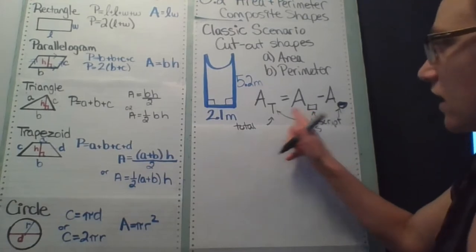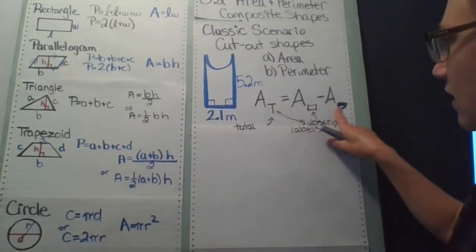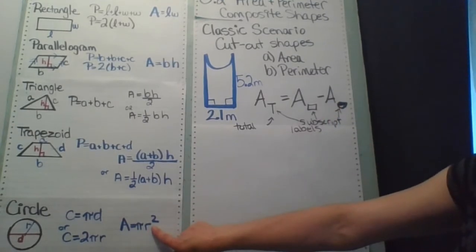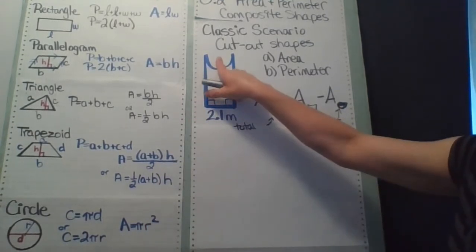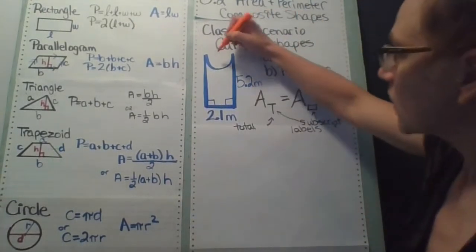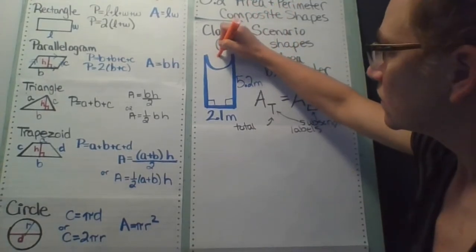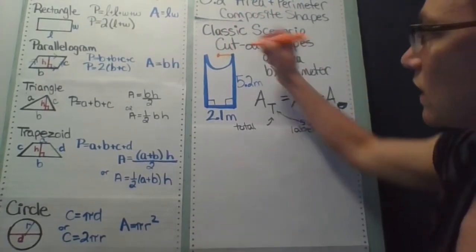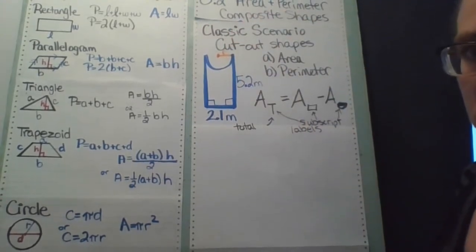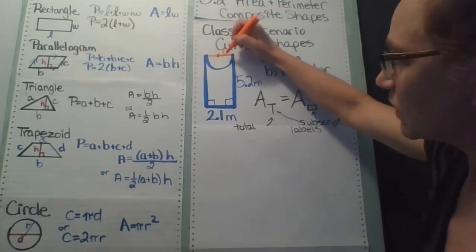Okay? So I know the area of my rectangle. Well, there's my width. There's my length. That one's easy. Area of my semicircle. Well, I need a radius for that. Do I have a radius up here? So let's do a little think here. I know the center to the edge is a radius. Okay, and I know that this whole distance here would be a diameter.